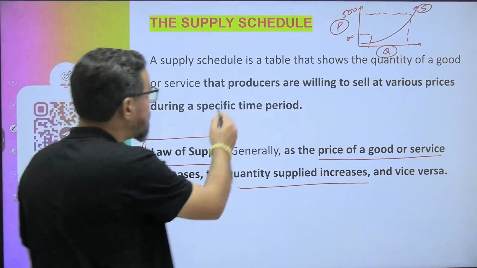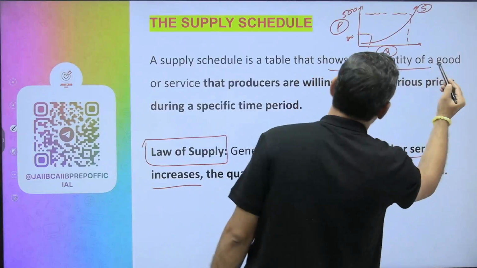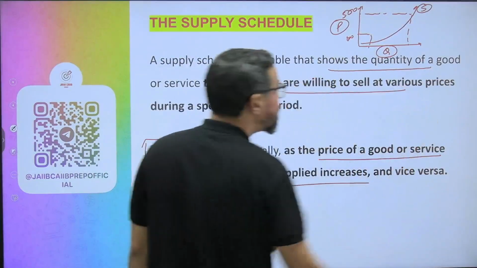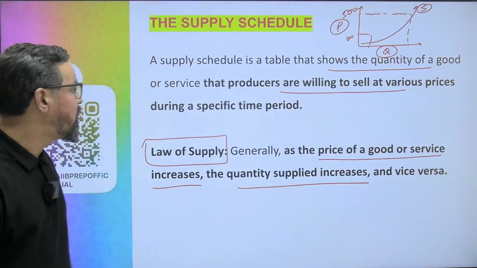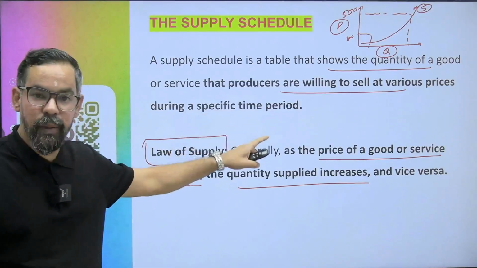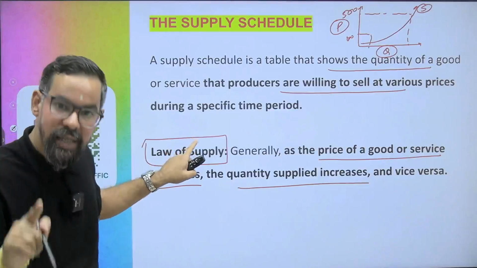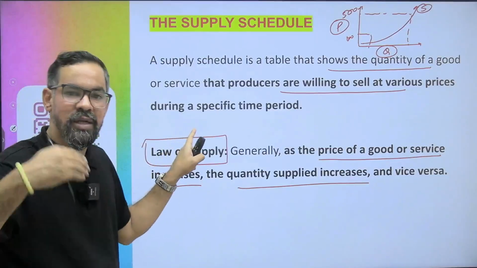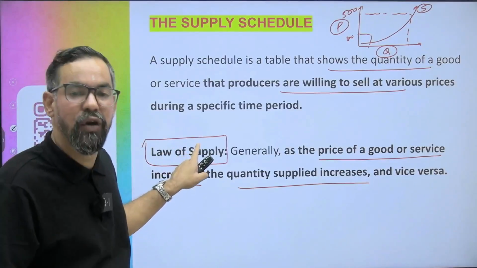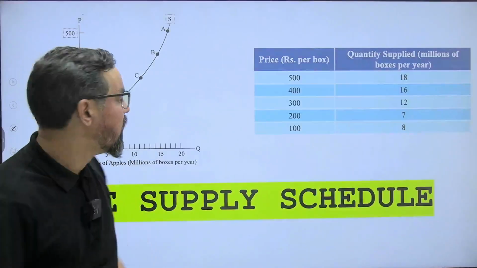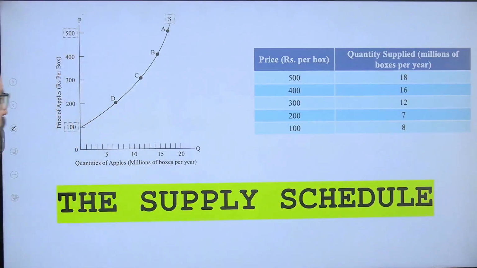A supply schedule is a table that shows the quantity of a good or service that producers are willing to sell at various prices during a specific period. At a lower price you want to sell a lower quantity of goods, and at a higher price you want to sell a higher quantity. So this is the chart which will help your understanding.